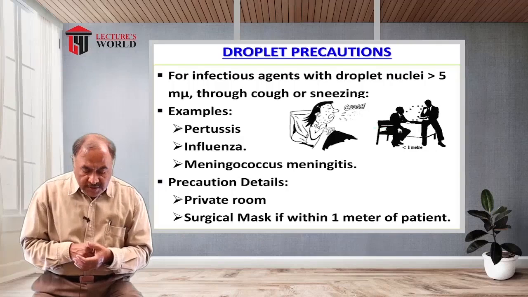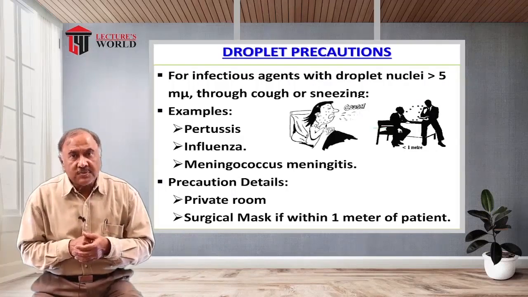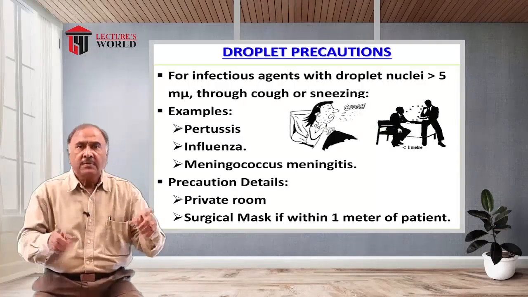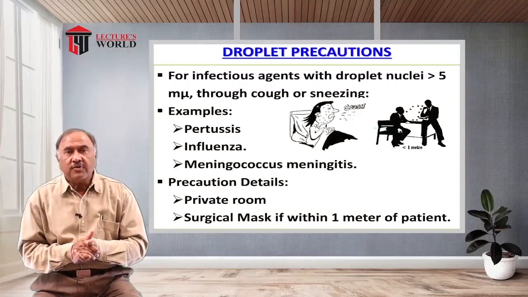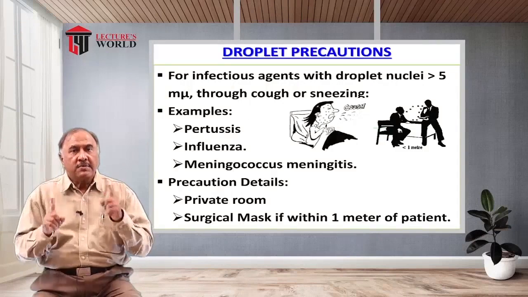What are the precautionary details? You have to use private rooms as far as possible. Do not allow any other person to enter into that room. Separate individual isolation rooms have to be used for such pathogens.